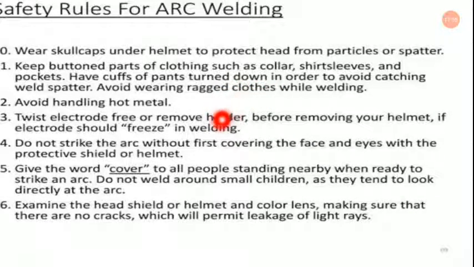Avoid wearing ragged clothes while welding. Avoid handling hot metal. Twist the electrode free or remove the holder before removing your helmet if the electrode should freeze in welding.